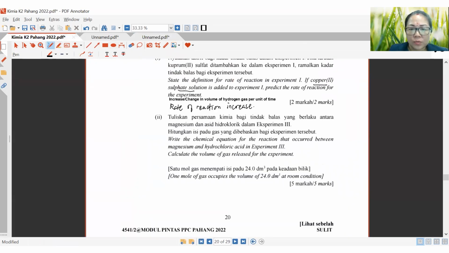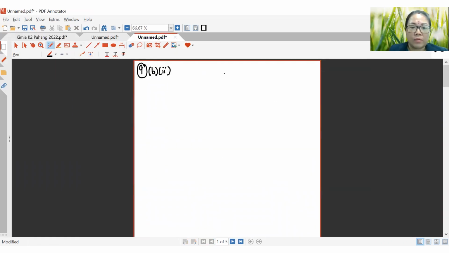He wants you to write down the chemical equation for the reaction that occurred between magnesium and hydrochloric acid. So magnesium reacts with hydrochloric acid to produce magnesium chloride plus hydrogen gas, and this one needs to be balanced. So it's balanced already now.